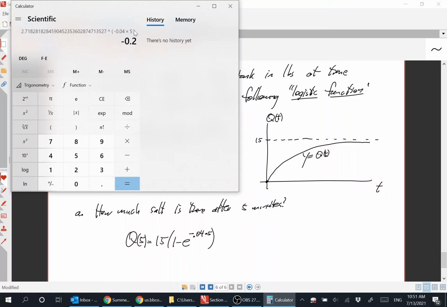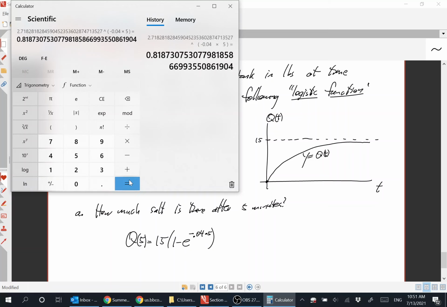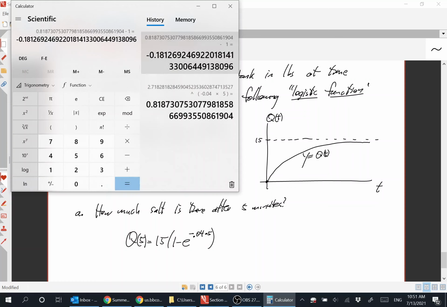Right, so here it is. E to the negative 0.04 times 5 equals that, and we're going to subtract that from 1. And we get this, which is a negative number, but it should have been 1 minus that, so we just flip it to be positive. 0.1812.